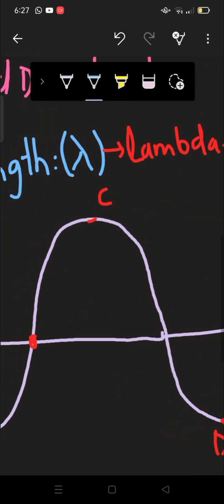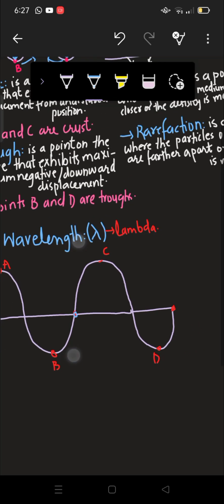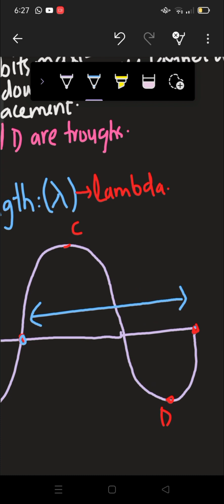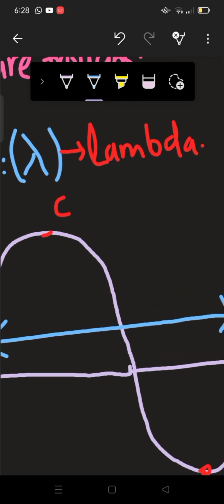As you can see, one wave cycle is completing here and another is completing here. The length of one complete wave cycle is what we call lambda, the wavelength.